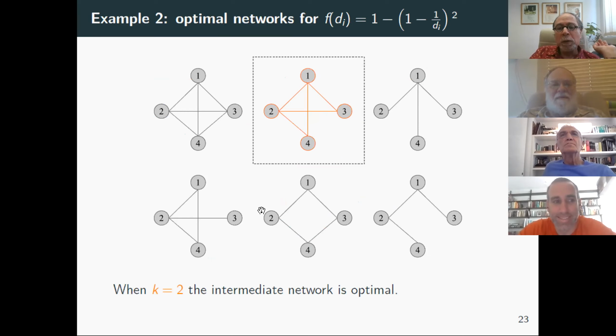Turns out, for K equal 2, there is only one optimal graph here, and it is this graph, neither the star nor the complete graph. So that already tells us there's something in the structure that is going to be optimal.